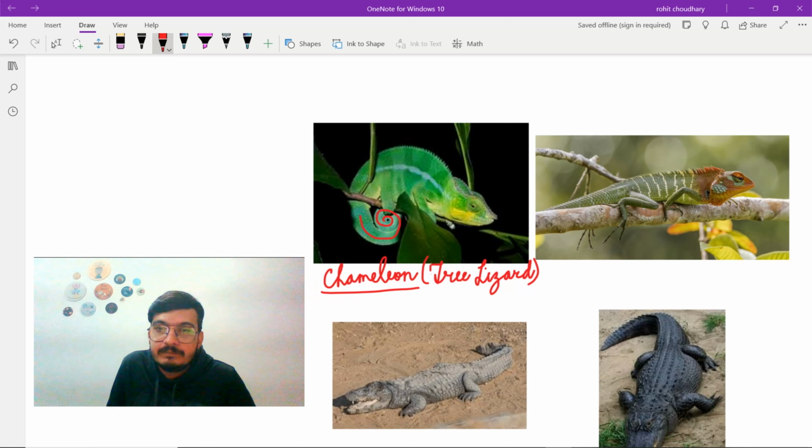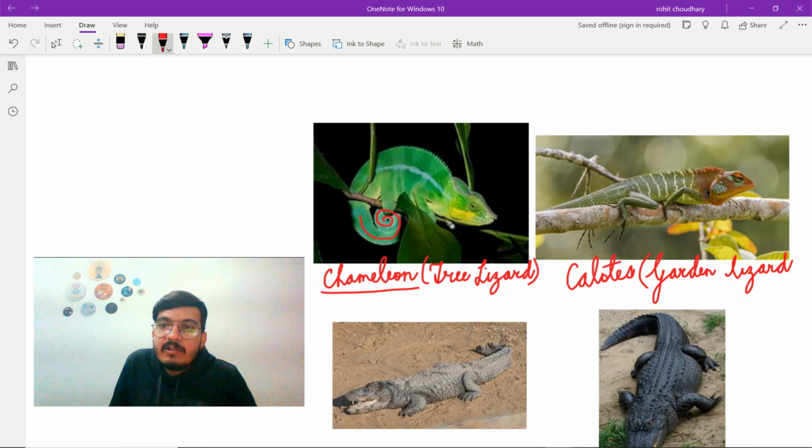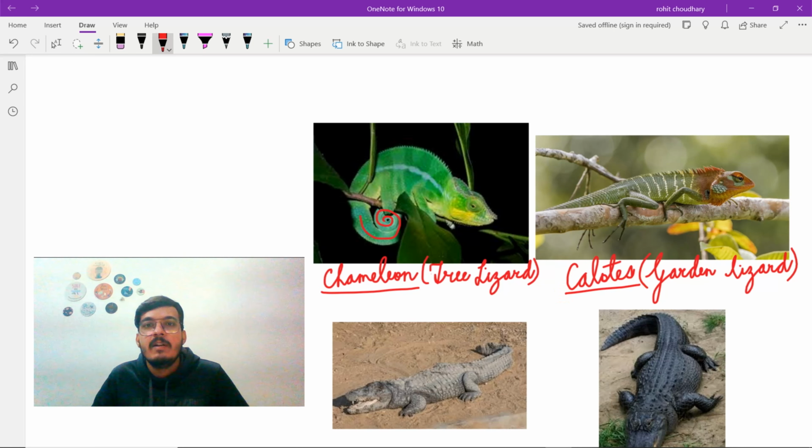The next one is Calotes, commonly known as garden lizard, and it is also known as girgit. It also lives an arboreal mode of life. When excited, its head and neck turn red and its trunk becomes pale yellow. And the male members of this species perform a peculiar courtship dance before the female.